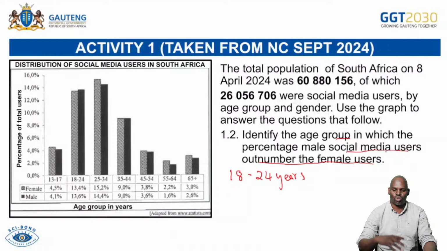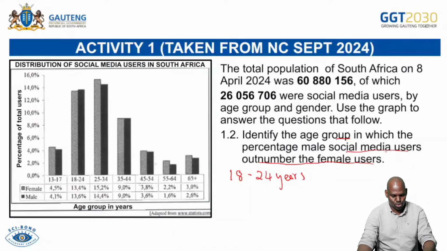But now let's go and check if we don't have more, because that one is important. Maybe we might end up here, but the examiner is actually looking for more than one answer. The next one, we've got 14.4, 15.2, female is bigger than male. We've got 9.0, 9.0, they are equal. We've got 3.8, in this case 3.6, the female is bigger than male.